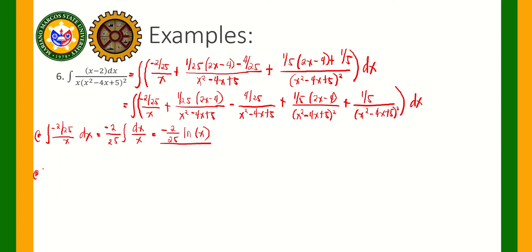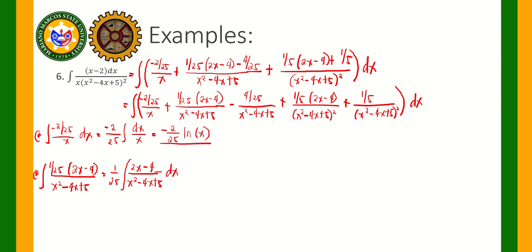Now, sa second term naman natin, the integral of 1 over 25 times 2x minus 4 all over x squared minus 4x plus 5. So we can rewrite this, isolate si constant, and this will be equal to 2x minus 4 over x squared minus 4x plus 5 dx.